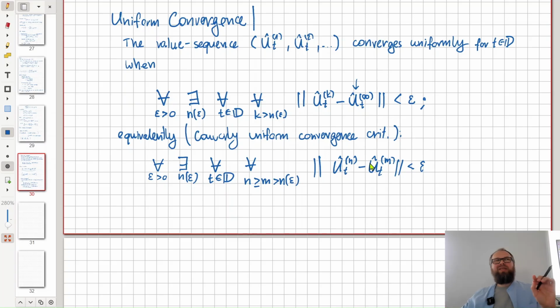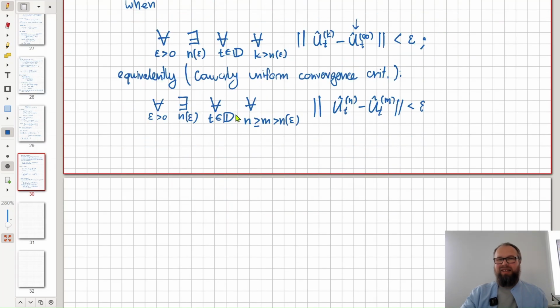If the threshold is big, you are converging slowly because you have to dig deeper. Now, because the threshold is independent of t, it's the same for all t. That means that the rate of convergence is uniform across your domain. That's why uniform convergence. Okay, fine? And that's the name convention.